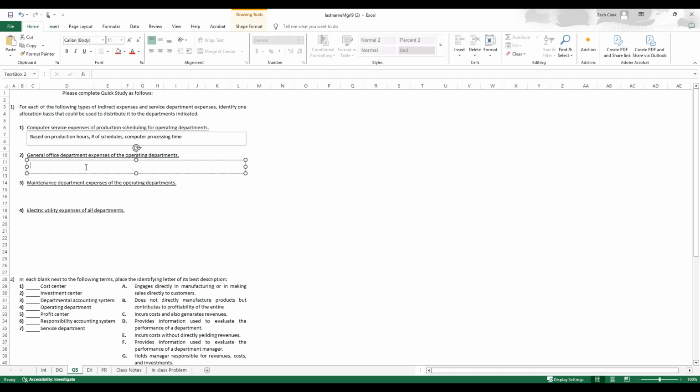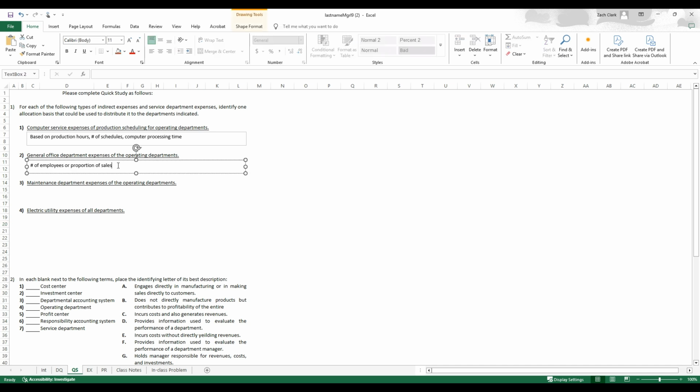Number of employees or proportion of sales would probably be two good bases to use. If you're trying to find something that is allocable, having sales, you can tell how that allocates, or employees is a pretty direct one.